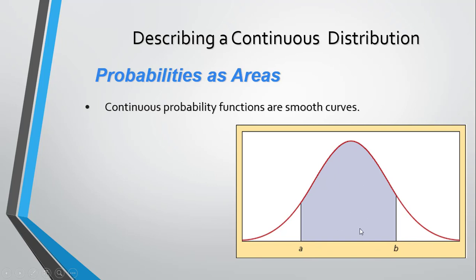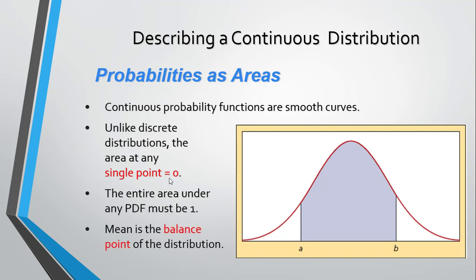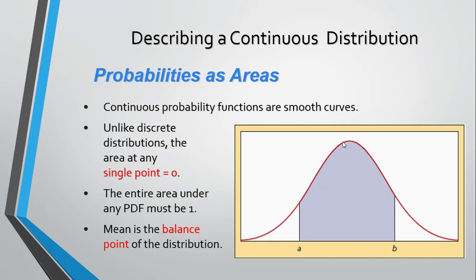Unlike discrete distributions, the area at any single point is 0. The entire area under the PDF must be 1, and the mean is the balance point of the distribution, somewhere here.